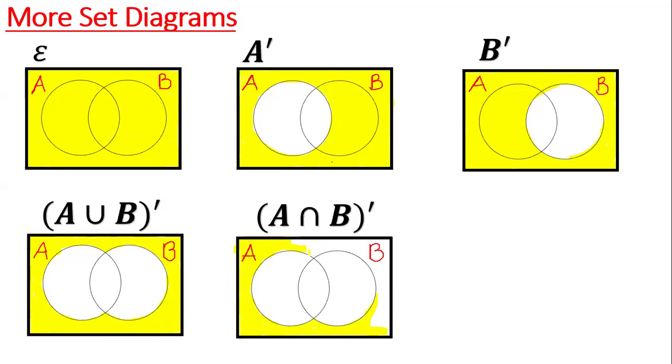I noticed that I'm bad at shading it. Can I include the inside here? No. Everything except the intersection. Can I include these two sides? Yes, I can. I can include these two sides.